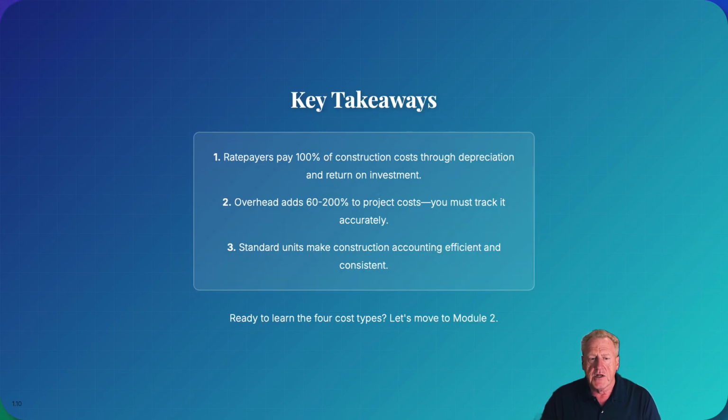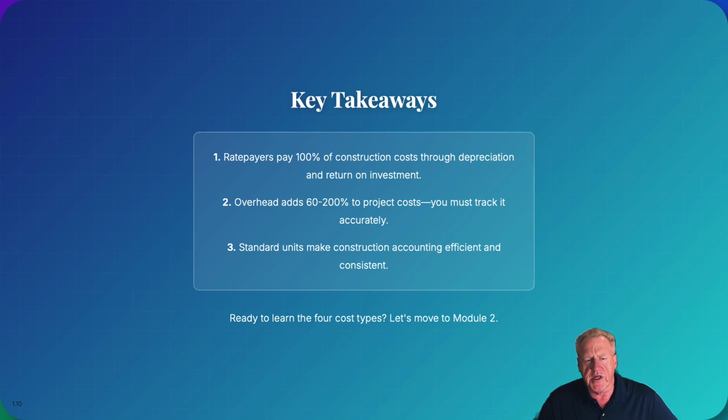So the key takeaways from this module are this. Your ratepayers should pay 100% of construction costs through depreciation expense and the return on investment. If they don't, you will not have the funds available to replace these assets when they need to be replaced 30 to 40 years from now.